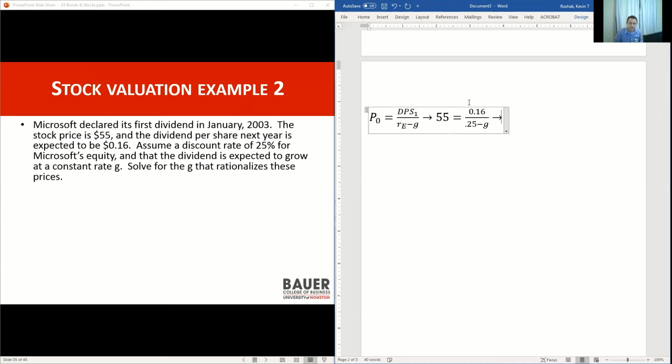We're going to do a little bit of algebra just to solve for G. I want to make sure that you've seen this at least once if you haven't already. We're going to multiply both sides of this equation by the denominator, 0.25 minus G. I want to solve for G, so I want to get that out of the denominator. How do I do that? I multiply both sides by this thing to kill the denominator here.